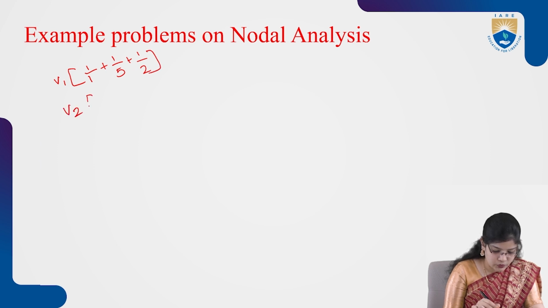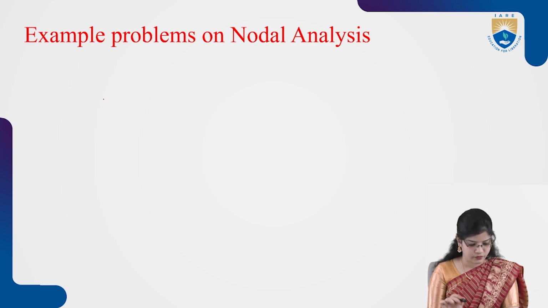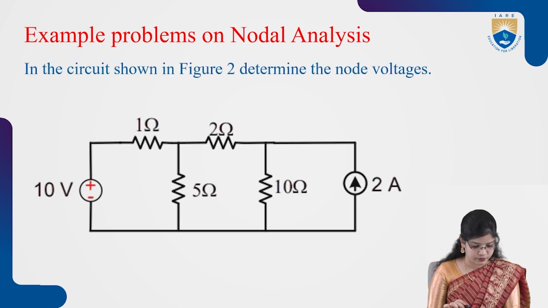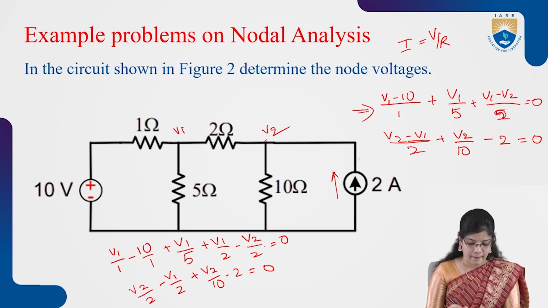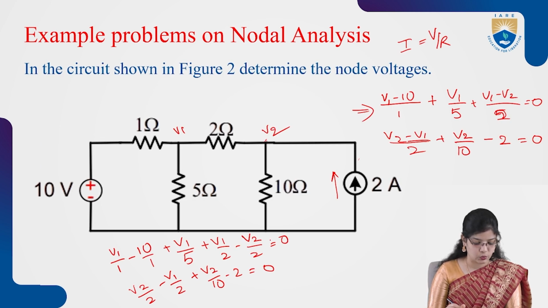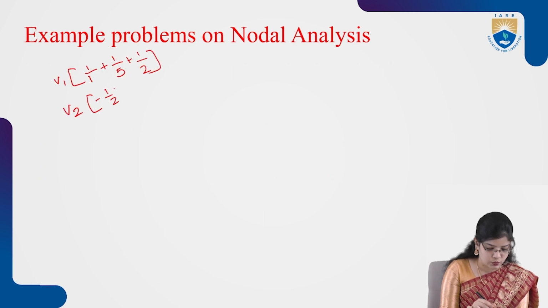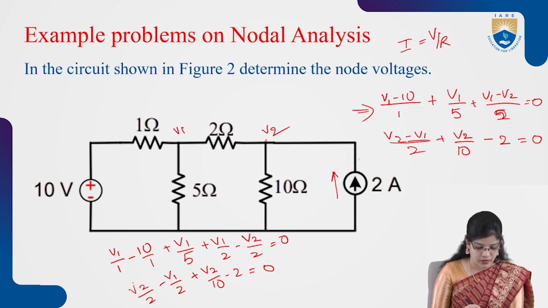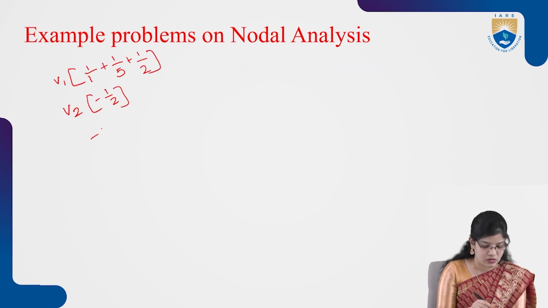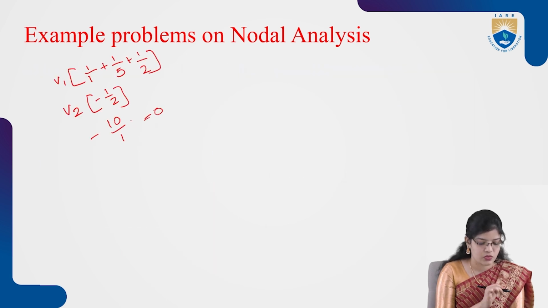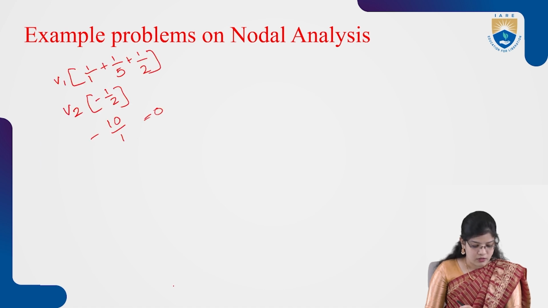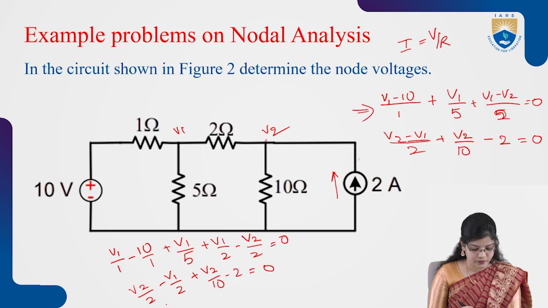Same for V2, it will be of minus 1 by 2. And then minus 10 by 1 will be equal to 0. So for the other equation, we have to take out the terms of V2 and V1.